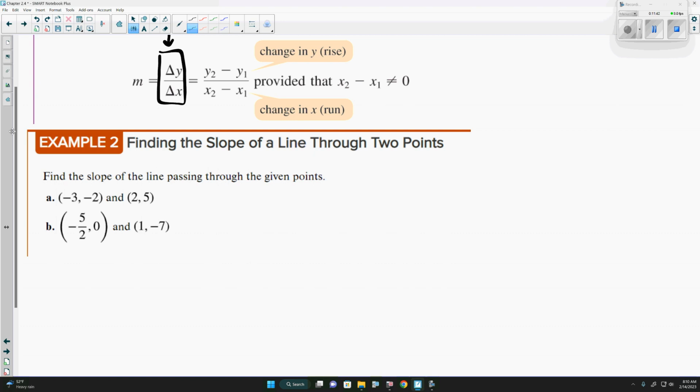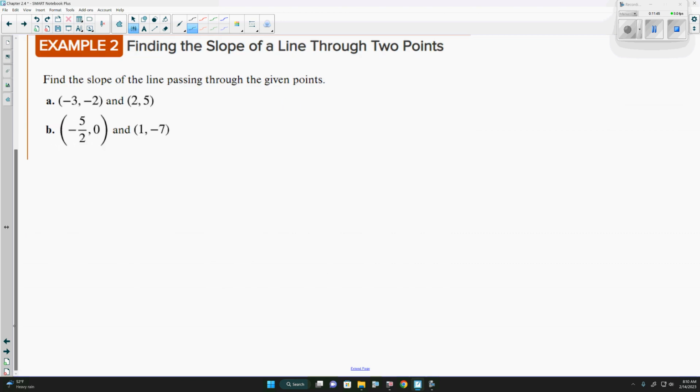So we want to find the slope passing through these points. y2 minus y1 over x2 minus x1. Now, the y value that we pick first doesn't really matter. The two y values that we have are negative 2 and 5. Which one do we want to put first? I'm just going to pick 5 minus negative 2. The order of the y values doesn't make a big difference.